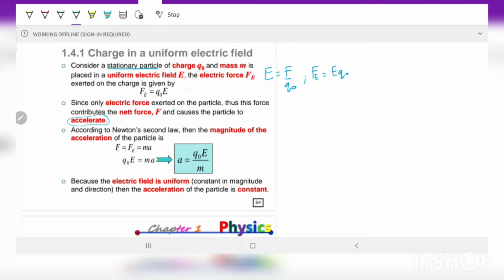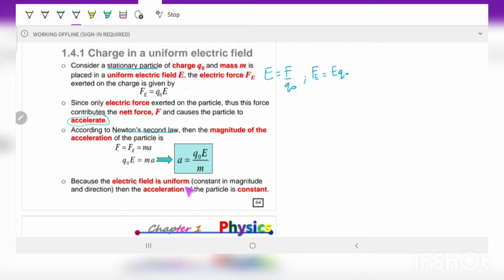So please remember, kalau ada acceleration, dia mesti ada force, dan force itu adalah electric force, dan kita boleh kaitkan, relate with the Newton second law. The magnitude of the acceleration of the particle is F equals to ma, dan F inilah Fe. Fe equals to Q naught darab dengan E equals to ma. So we rearrange to get the formula for a sama dengan Q E over m.